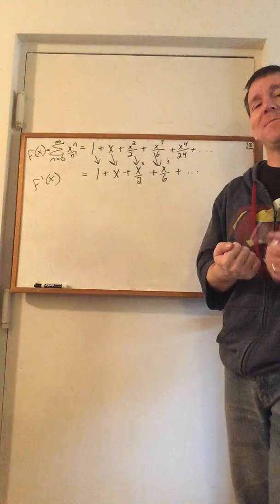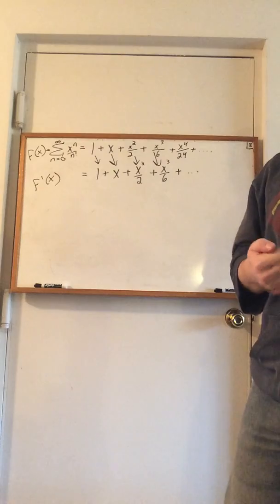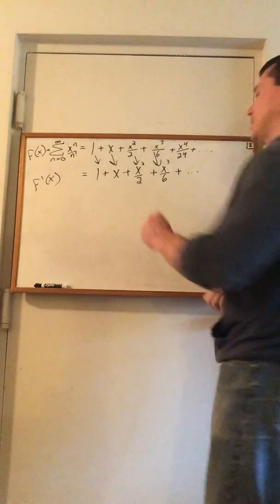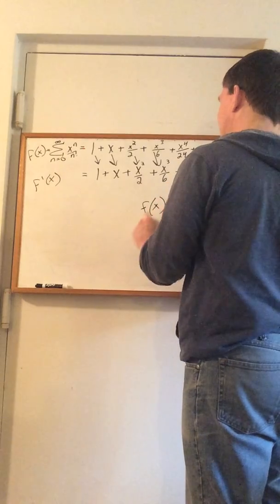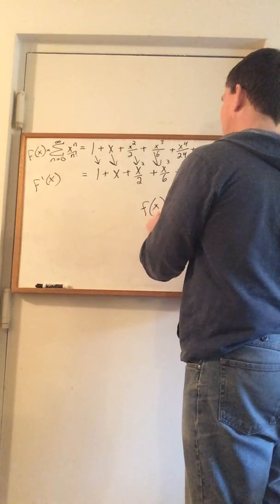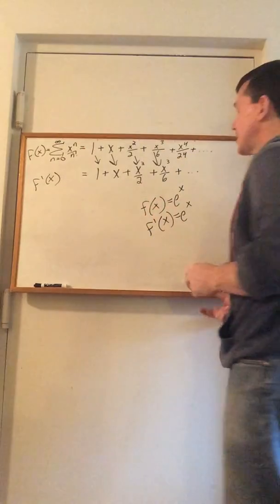Do we know any functions whose derivatives are themselves? Well, yeah, actually. If f of x equals e to the x, we know f prime of x equals e to the x.